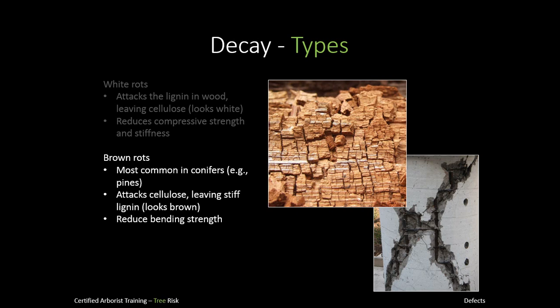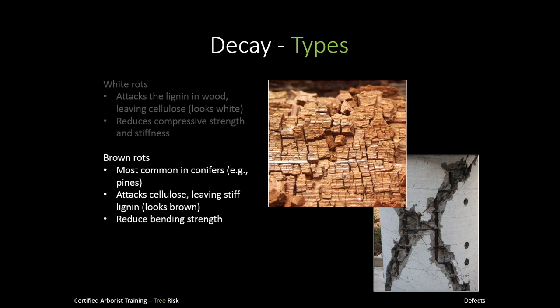I had a patio that I'm taking out in my backyard, and I was wailing on it with a sledgehammer, and the rebar is what kind of holds it together when you try to bend it with the blow of the sledgehammer or just the loading from wind and stuff like that. So brown rots, they attack the cellulose and they leave the lignin.